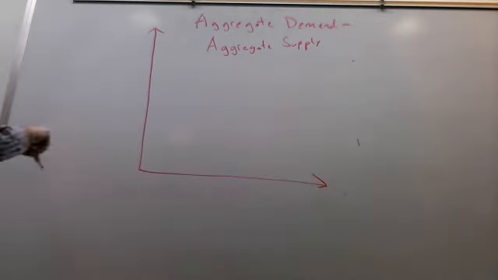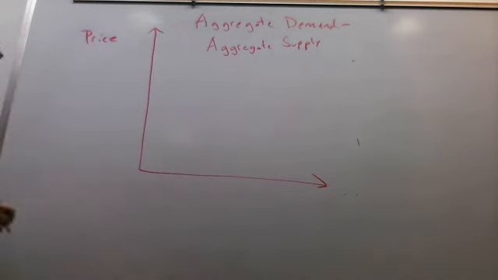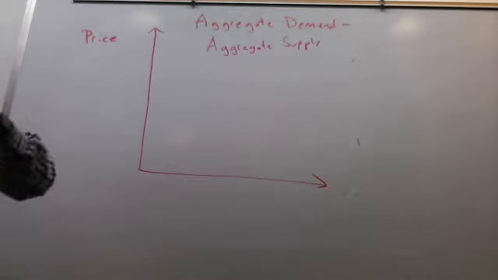On the y-axis, what do we generally put on the y-axis for our typical supply and demand model? Price. In this case, instead of price, we want to get some aggregate measure of prices. So instead of a single price for, say, falafel, or pizza, or beer, whatever else it is, we want some aggregate measure of price.